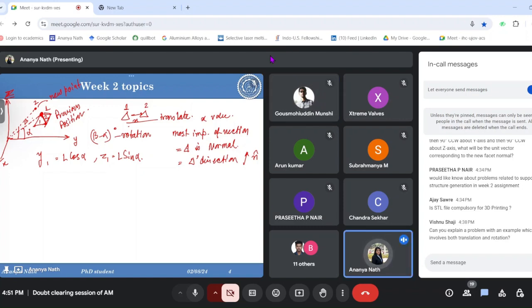So if you want to rotate it by this beta amount, now this angle is beta. So this Z2 value will be L sine of beta plus alpha, because obviously this length was L and this was alpha. Now this is beta.